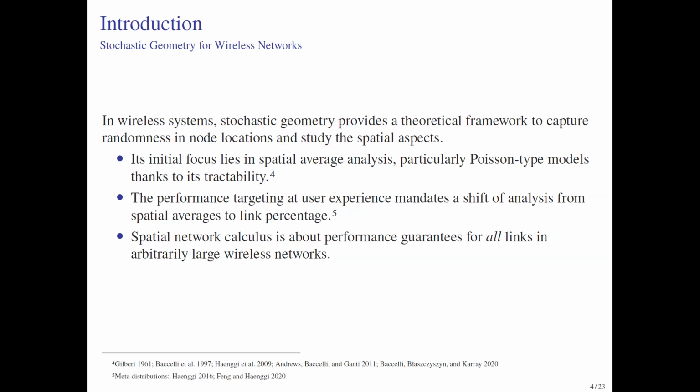And the second category is this link percentage characterization using stochastic geometry. This line of work is proposed obviously because of the lack of fine granularity of spatial averages, because you would not know what is the percentage of users or links in the network that achieve certain target performance.